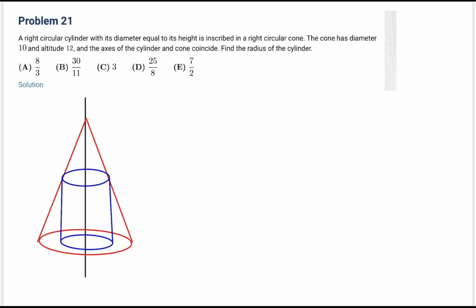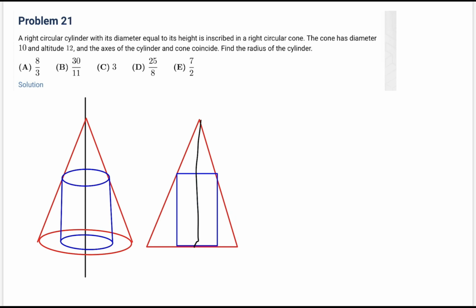The cross section would be a triangle and a rectangle, and there's the axis, which is the same.